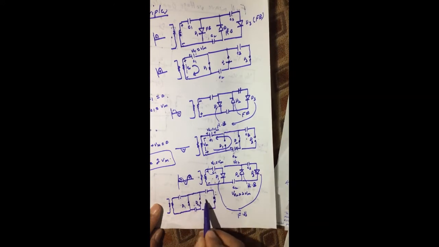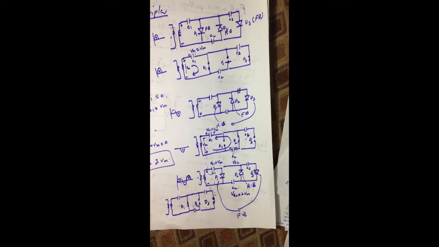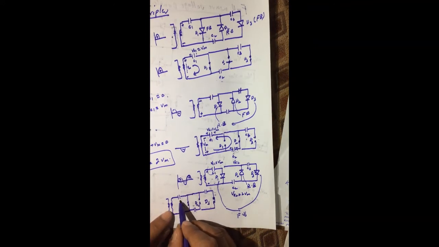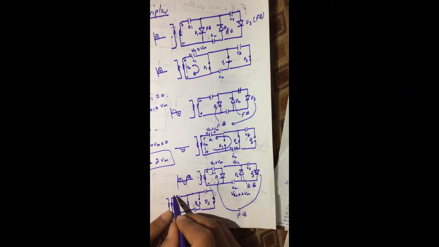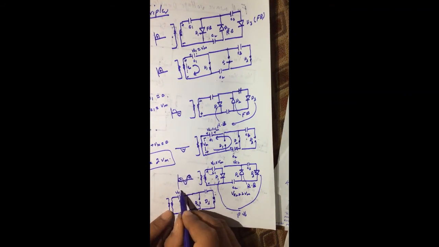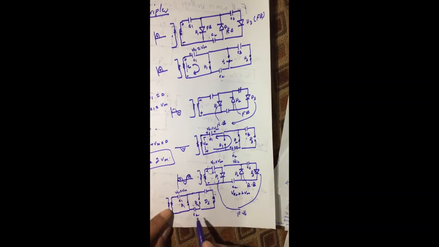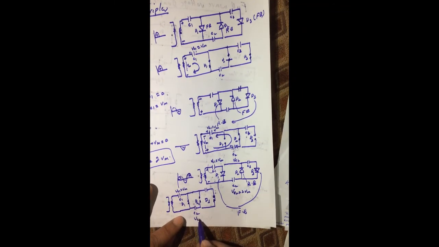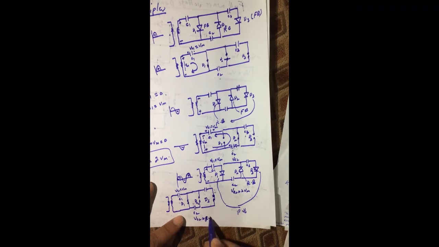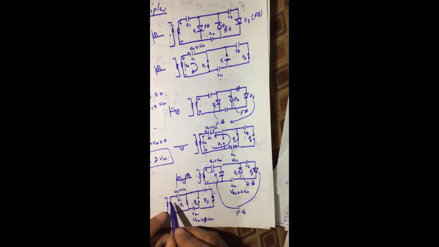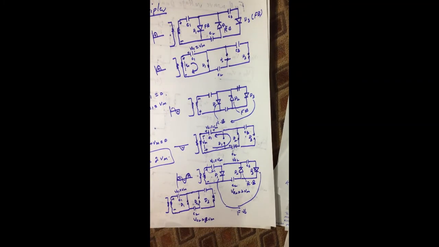This is D1, D2, this is D3. Now this is C1, this is C2. This is charged to potential Vm, and Vc2 is also 2Vm. Now this is positive, this is negative.